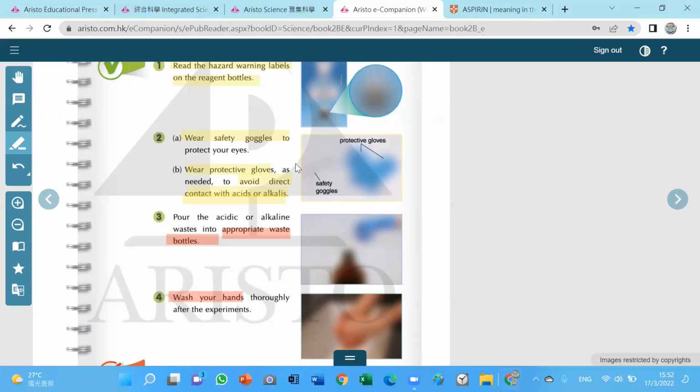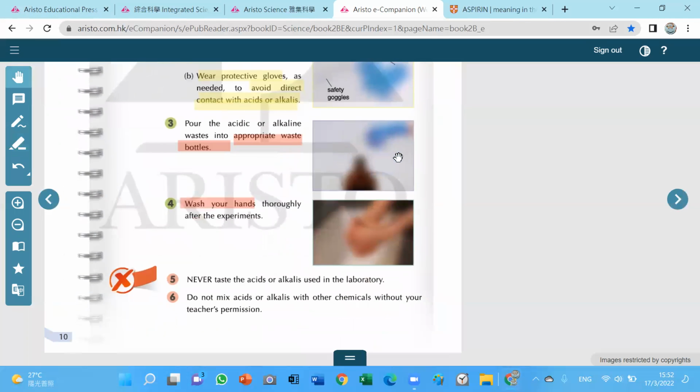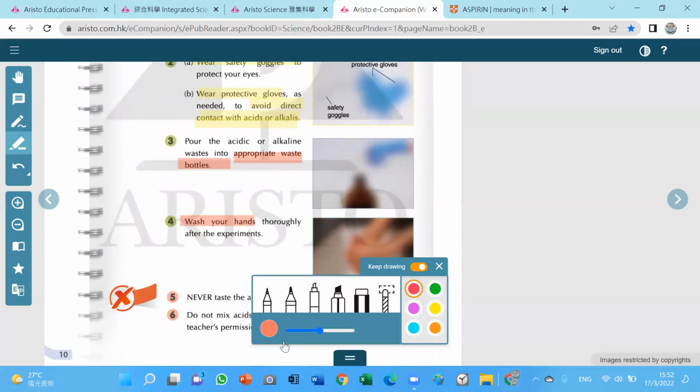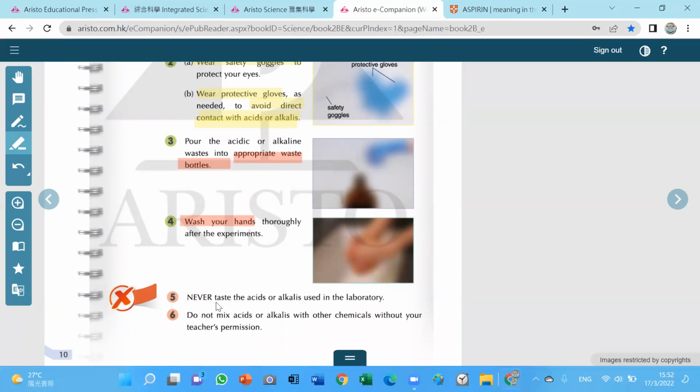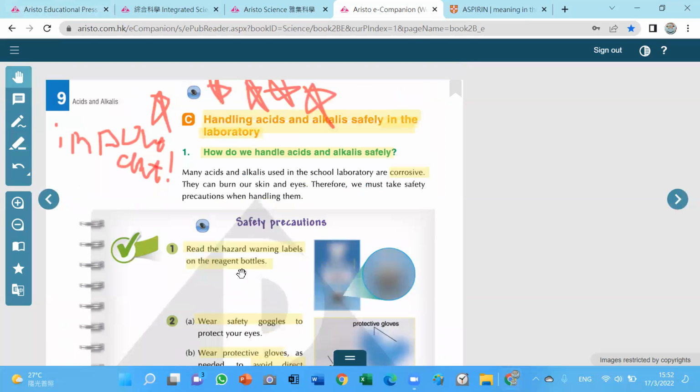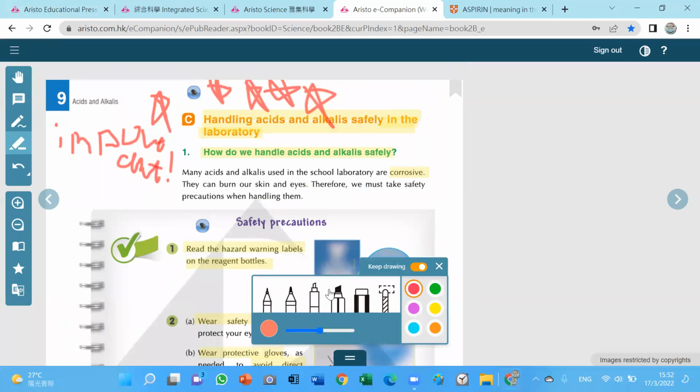You must wash your hands, otherwise it becomes a big problem. Number 5, never taste acids or alkalis in the laboratory. Absolutely not. Do not mix acids or alkalis with other chemicals without your teacher's permission. Remember, these are the safety precautions.